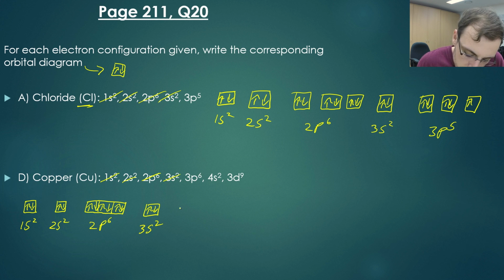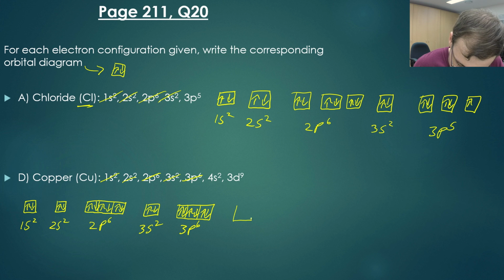3p6. So again, 1, 2, 3, 4, 5, 6. 4s2, 1, 2. And 3d9.